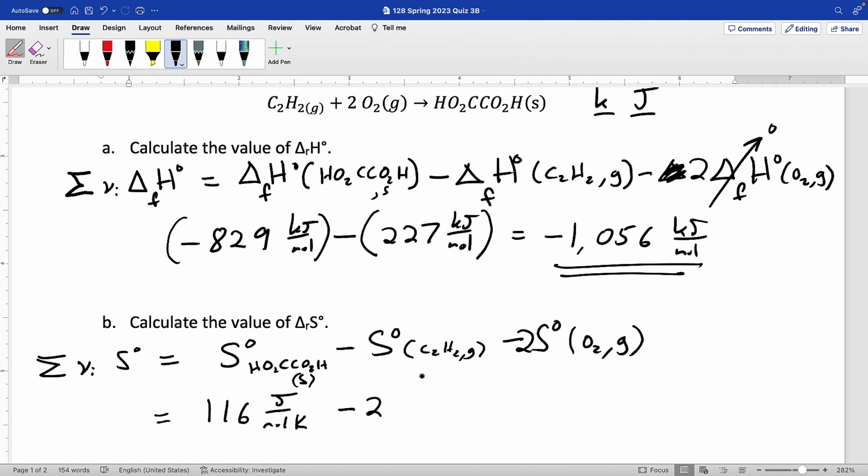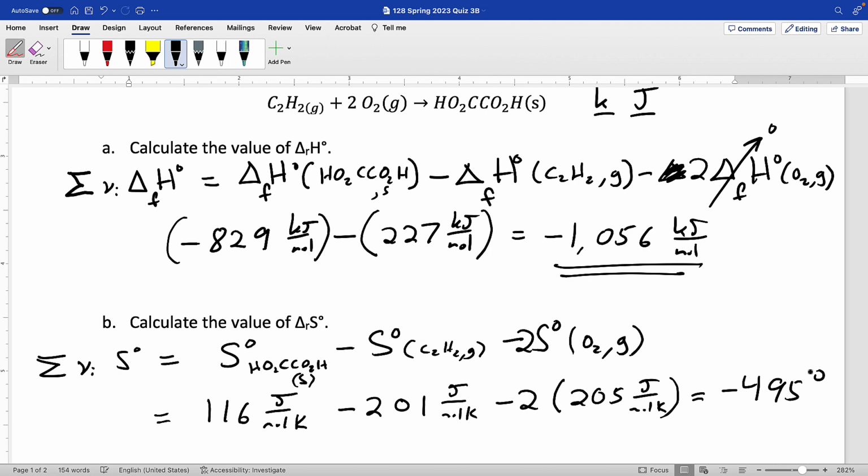The acetylene is 201, and we're subtracting the 201 joules per mole per Kelvin because it is a reactant. Then twice the entropy of oxygen, and that's 205 joules per mole per Kelvin. That comes to a negative 495 joules per mole per Kelvin.